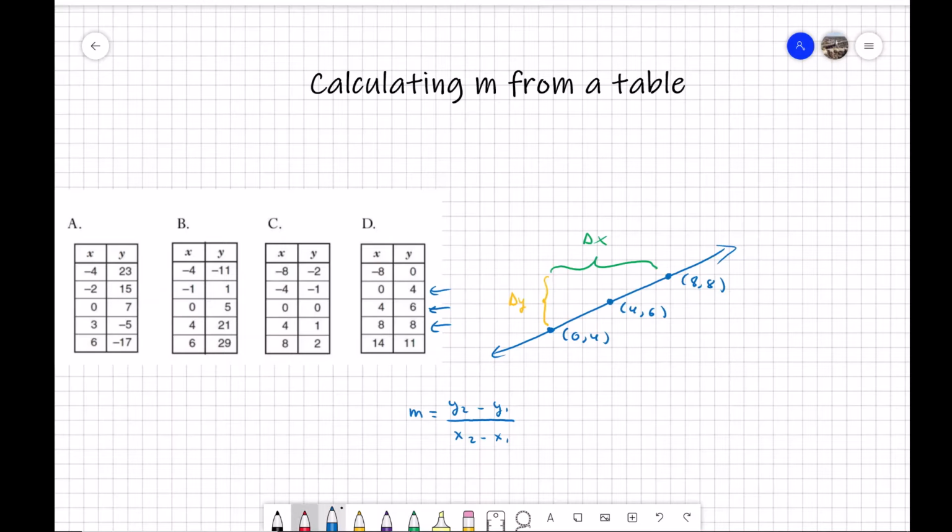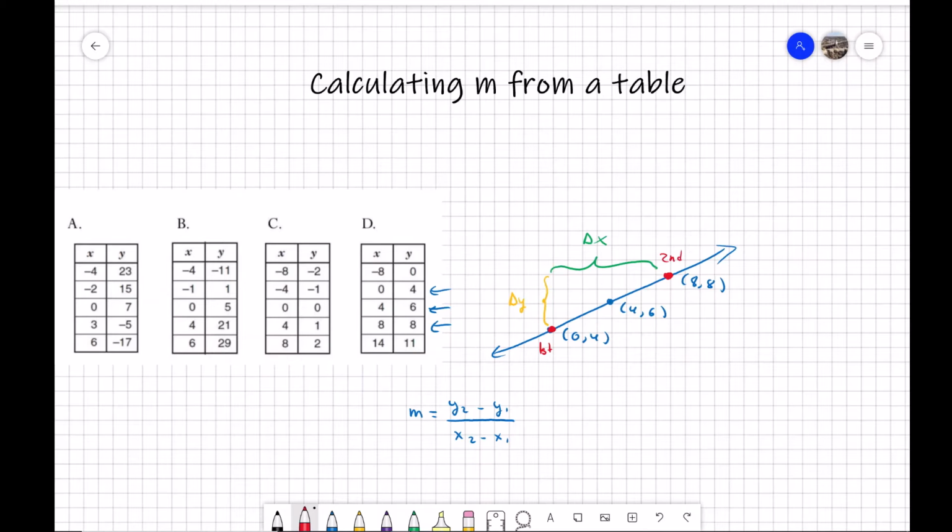Alright, let's take a look at this line. First, we're going to choose 2 points. I'm going to take this point and this point. Now we're going to define our first point. I'm going to take this as my first point and this as my second point.